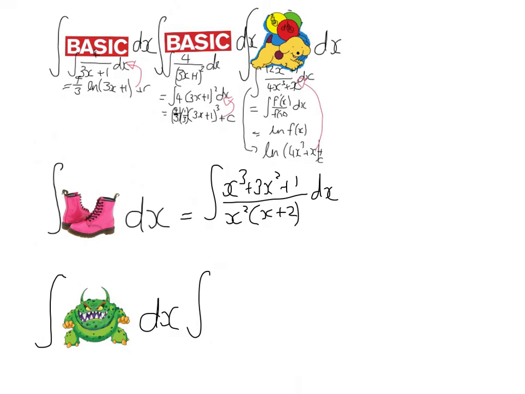So we'd go with the algebraic division first, and we'd write integral. I haven't actually done this, and I just made it up. So I'm just going to literally pretend, okay? Say it comes out as 1 plus x squared plus 1 over x squared times x plus 2. I am totally making this up here, but roughly it'll be that sort of shape.